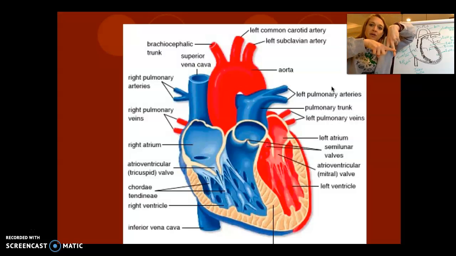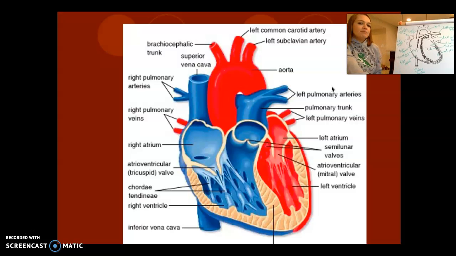Your arteries carry blood away from your heart. Veins, which starts with the V, carries blood to your heart, okay? So you have 2 fingers, it carries blood to your heart because it makes a V.